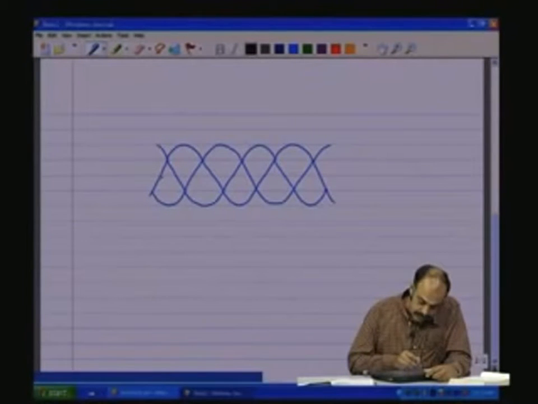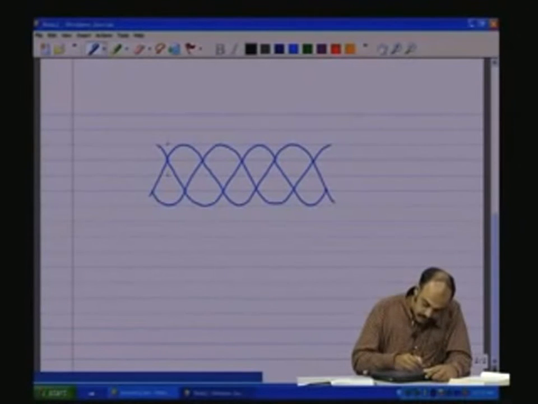So, let us say this is 0 of the IA, and this is 180 degrees of IA, this is the 120 degree point, this is the 60 degree point, and somewhere here is the 30 degree point. And this would also be 30.